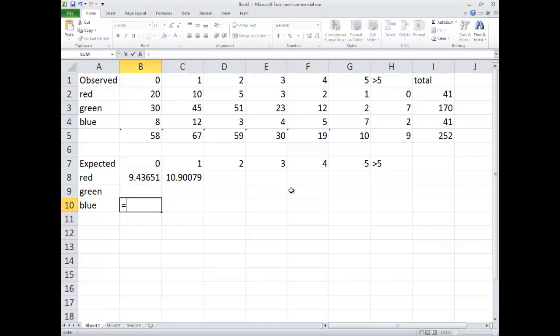Okay, the row is not going to change on this. So I'm going to say dollar sign, I want the row total. So dollar sign I, dollar sign 4. That's my row total. Times my column total, which would be columns will change, but the row won't. So I'll do B dollar sign 4, 5. Okay, so the 5 will change, divided by 252.